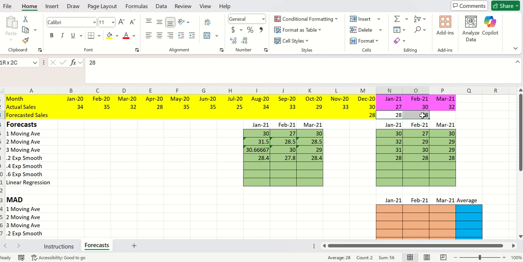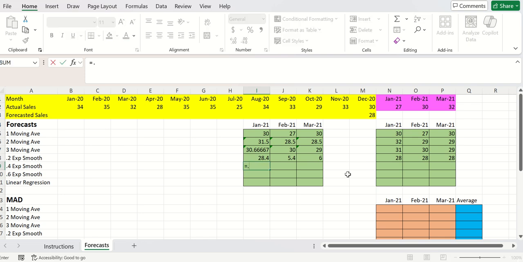I'm going to get rid of these because we're about to do exponential smoothing for 0.4. So don't worry about what happened on these numbers. We captured it here. 0.4 says I'm taking 0.4 times what actually happened plus 1 minus 0.4, which is 0.6, times the forecast.